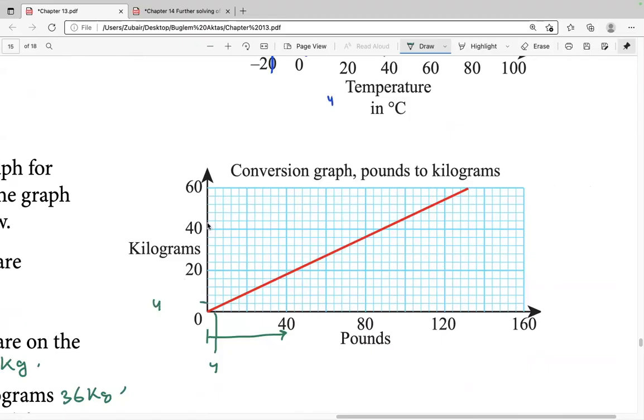So 4, this is 44, 48, 52, 56. So somewhere very close to the 56. 130?